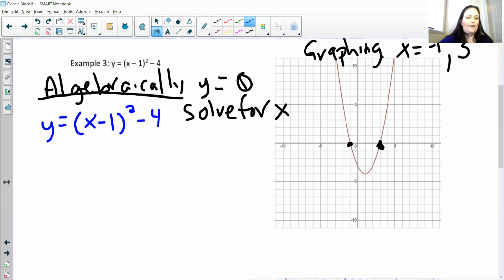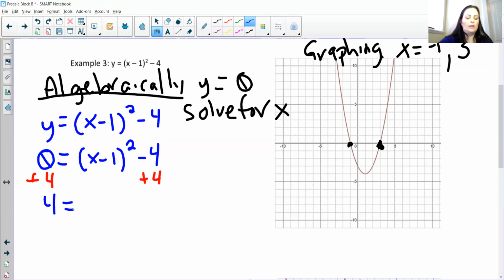So we're looking for the value of x when y equals 0. So we put a 0 in for y. Okay, so we're going to move that -4 to both sides and rewrite. So we get 4 equals (x minus 1) squared.